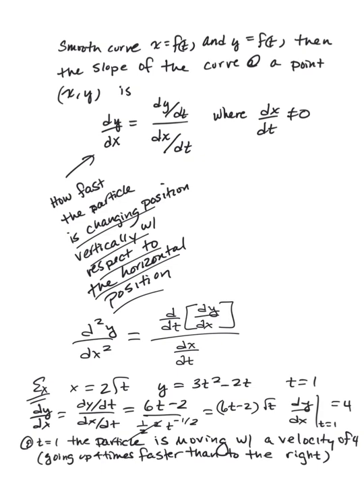Okay, so let's look at the second derivative. Now, keep in mind that dy/dx, I'm just going to import it from the previous page, was 6t minus 2 times the square root of t. If I multiply that out, I get 6t to the 3/2 minus 2t to the 1/2. Okay, why am I doing this?